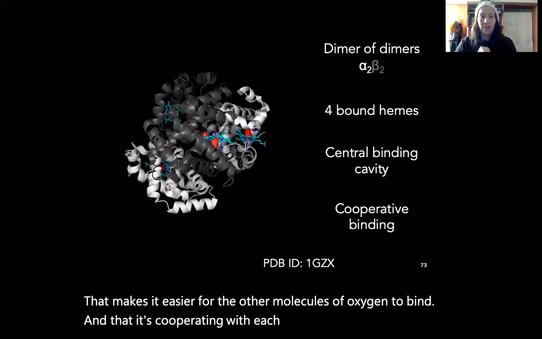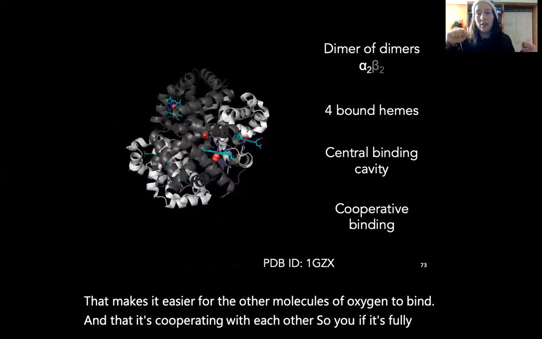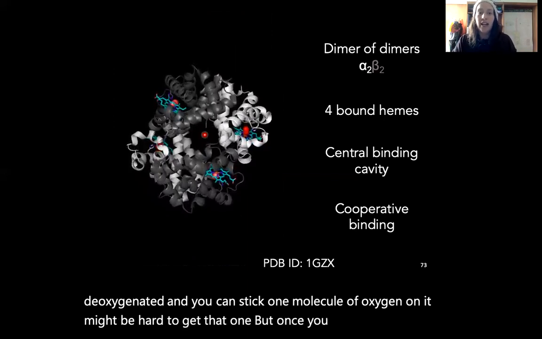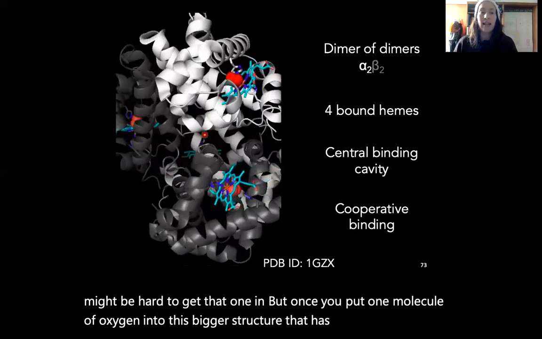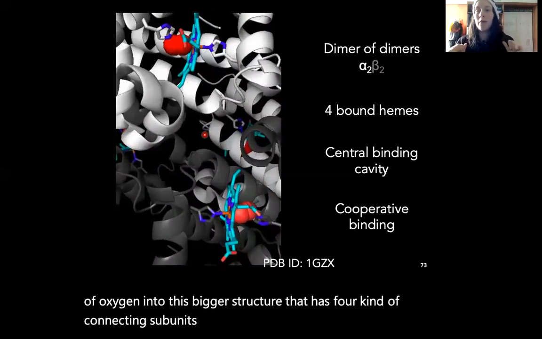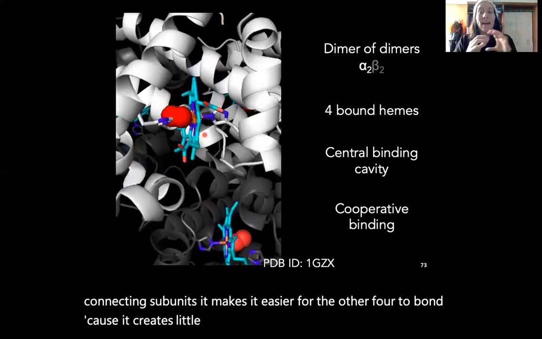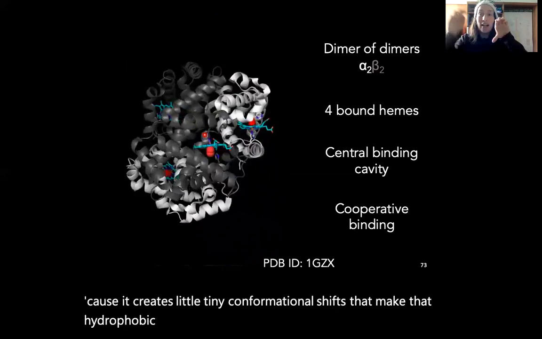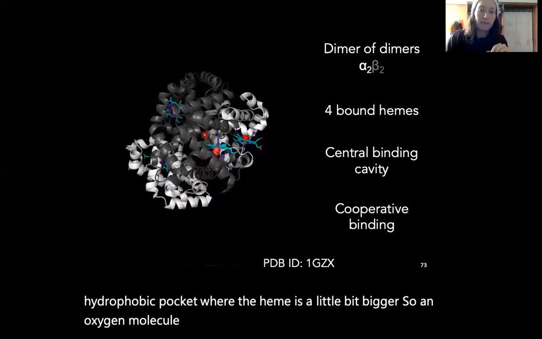So if it's fully deoxygenated and you can stick 1 molecule of oxygen on, it might be hard to get that one in, but once you put 1 molecule of oxygen into this bigger structure that has 4 connecting subunits, it makes it easier for the other 3 to bind because it creates little tiny conformational shifts that make that hydrophobic pocket where the heme is a little bit bigger so an oxygen molecule can slip in. Okay, so that's cooperative binding.